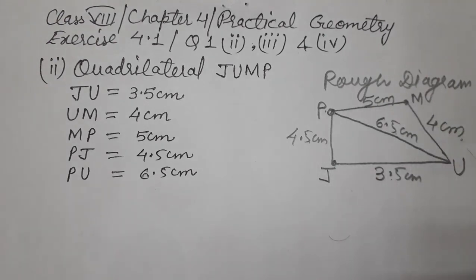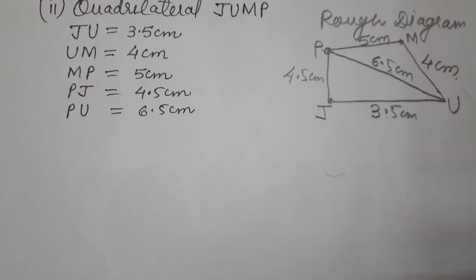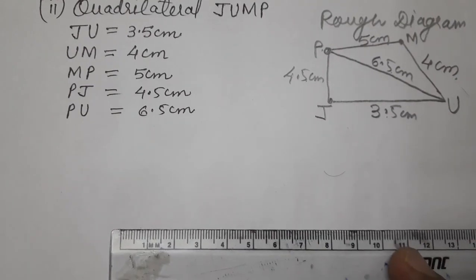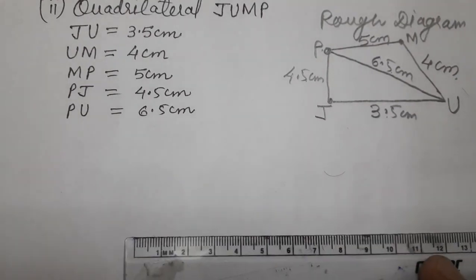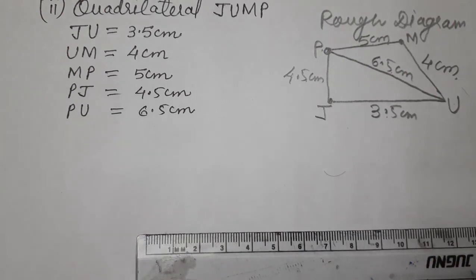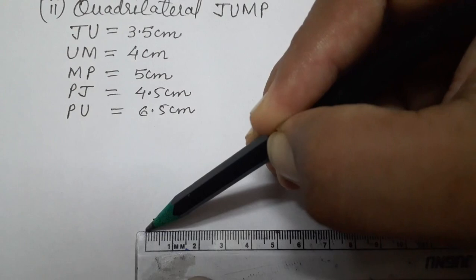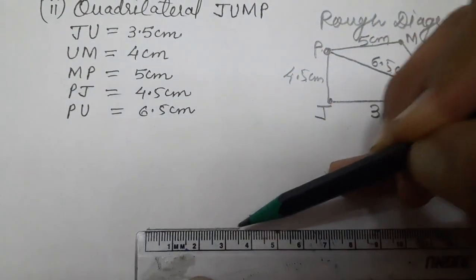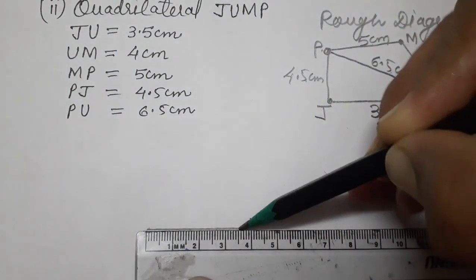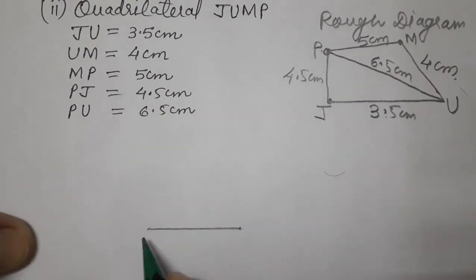So let's start. The first one is JU, 3.5 cm. Let's draw JU 3.5 and name it.